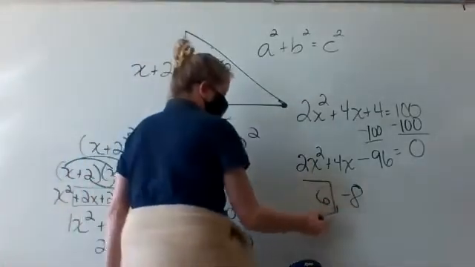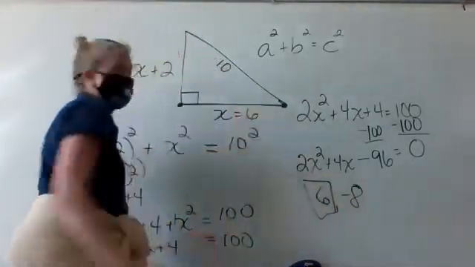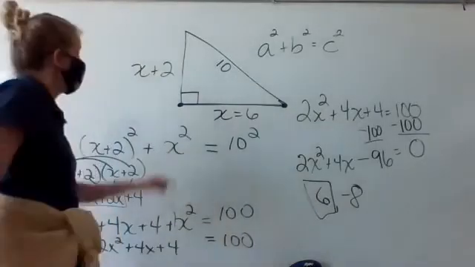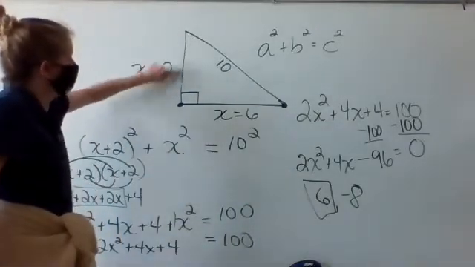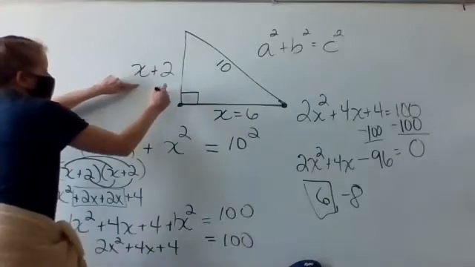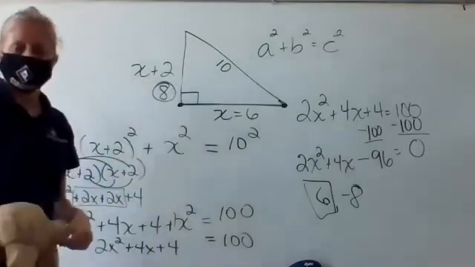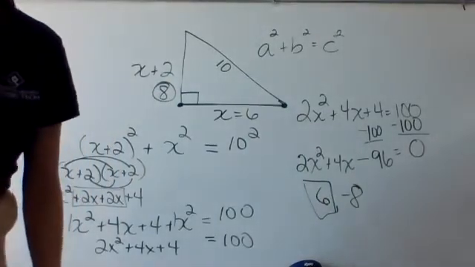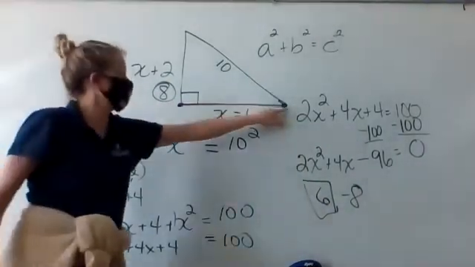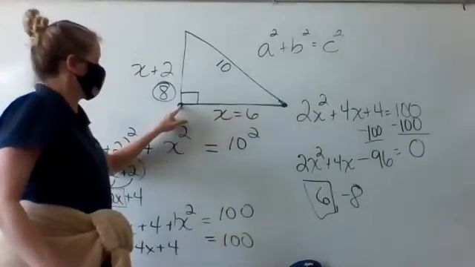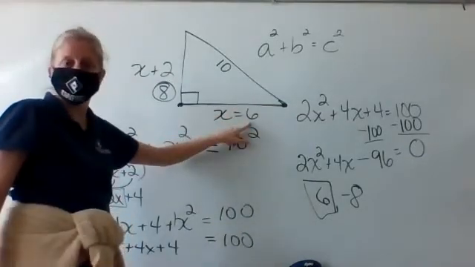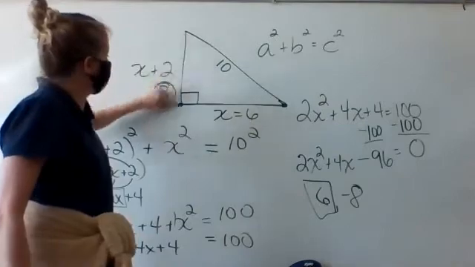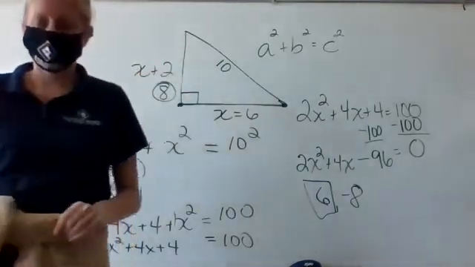So that's why your x is 6, which means the height of the tower will be 6 plus 2, which makes it 8. So the distance from the wire to the base of the tower would be 6, and then the height of the tower would be 8.